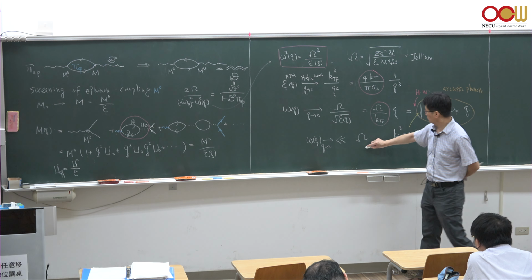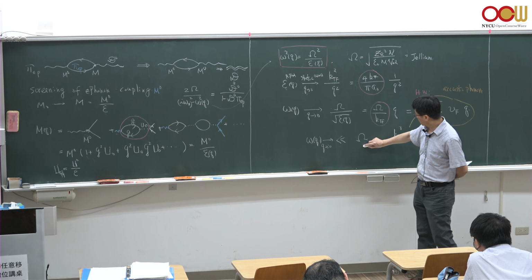So you can consider this capital Omega as some kind of optical phonon mode, right? Because this is somewhere here, which is a constant independent of q, but you then move this optical phonon constant frequency to an acoustic mode. Okay, so this is just a simple analogy.